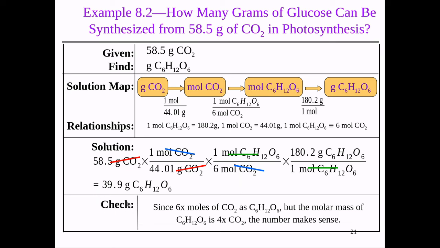Okay, so it's a little bit more difficult to predict whether or not you should be getting a higher or lower mass in these cases. But just realize that it's really a balance between the difference in their molecular weights and their relationship inside of the equation.